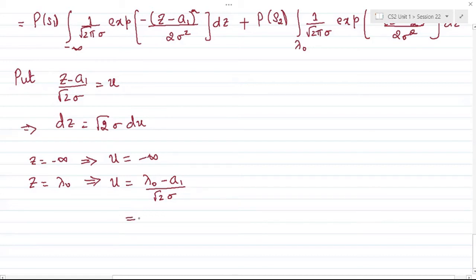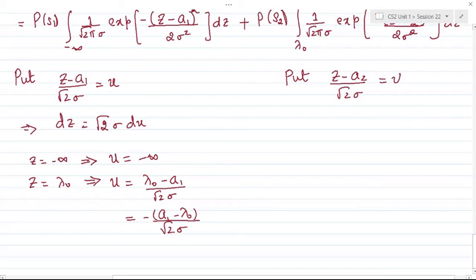However, to make it mathematically easier, I can take this minus sign outside and write it as a1 minus lambda naught over root 2 sigma. Similarly for the second term, similar substitutions will be made, so that this also will be root 2 sigma dv.